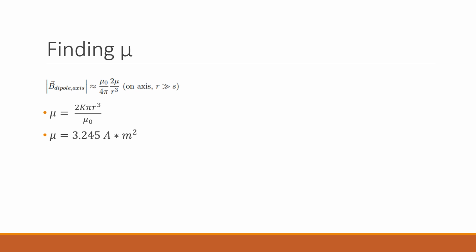Manipulating this equation to get mu by itself on the left hand side, we get mu equals 2 times k times pi times r cubed over mu naught. Since we assume r was 1 meter, we can ignore that portion of the numerator. Plugging in all our values, I got 3.245 amperes square meters for mu.